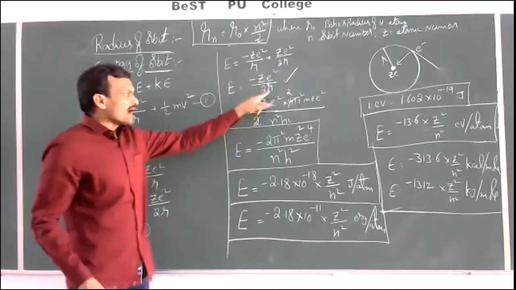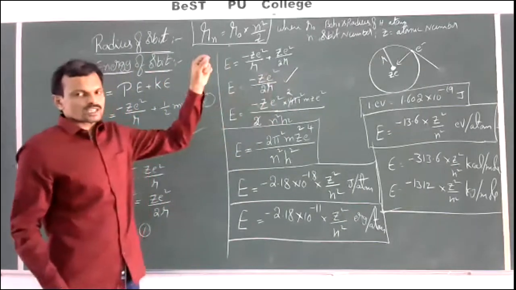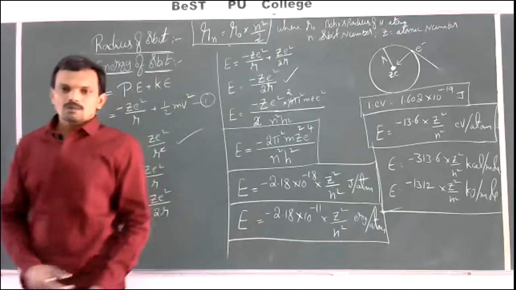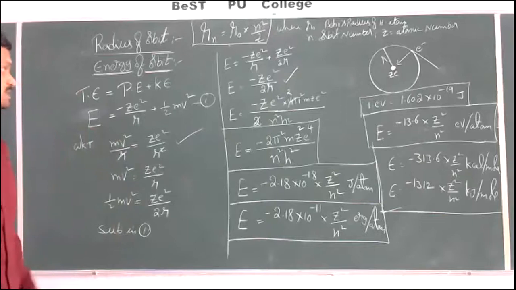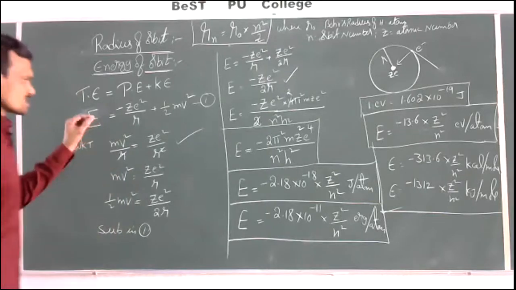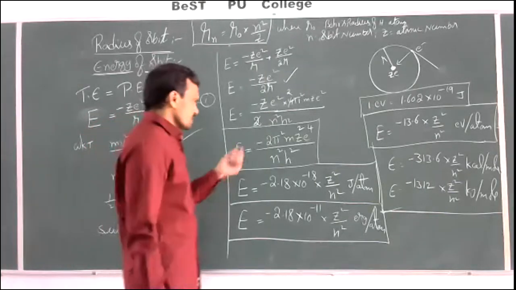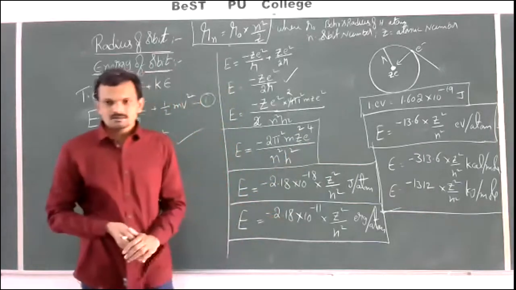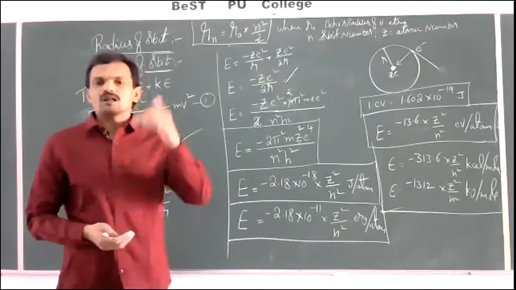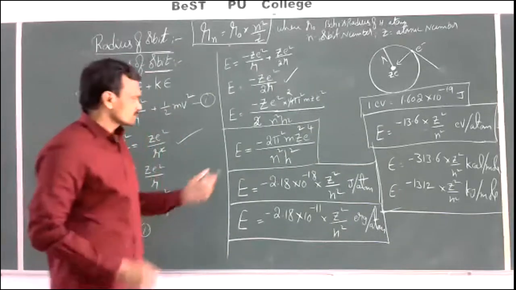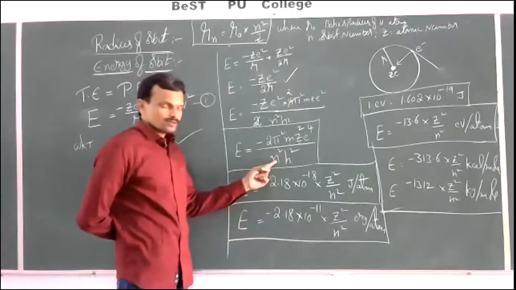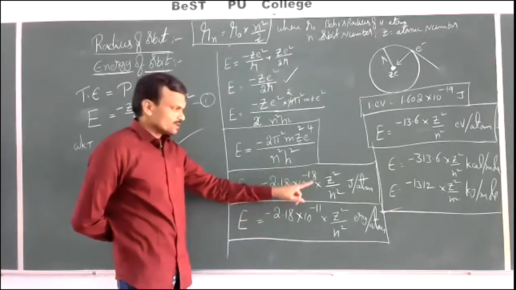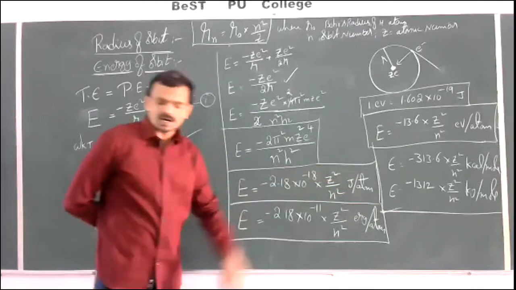Now here R is the radius of the orbit. Substitute the expression for the radius of the orbit. Then you get E is equal to minus 2 pi square mz square e power 4 by n square h square. Here except z and n, all the remaining are constants. By substituting all those values, we get 2.18 into 10 to the power of minus 18 into z square by n square joules per atom.